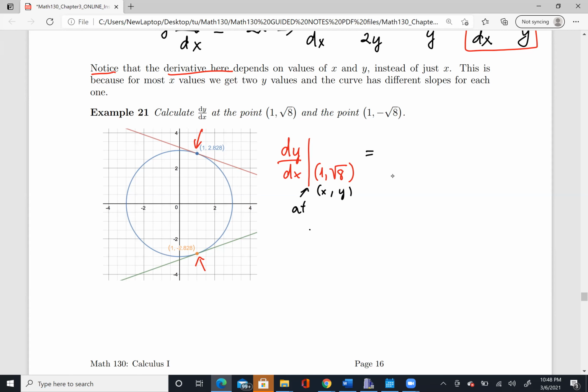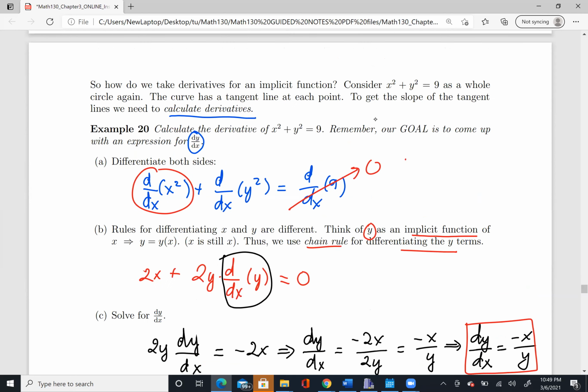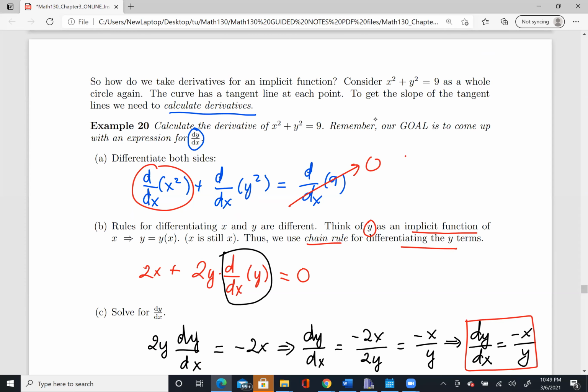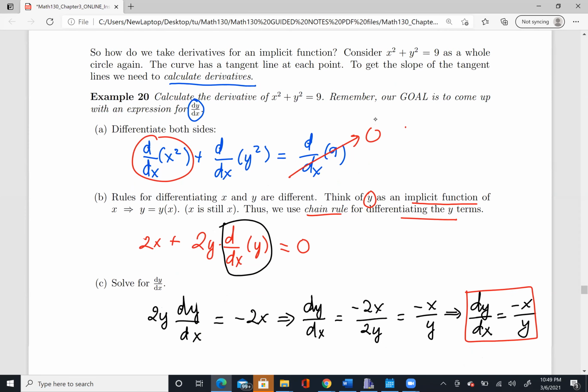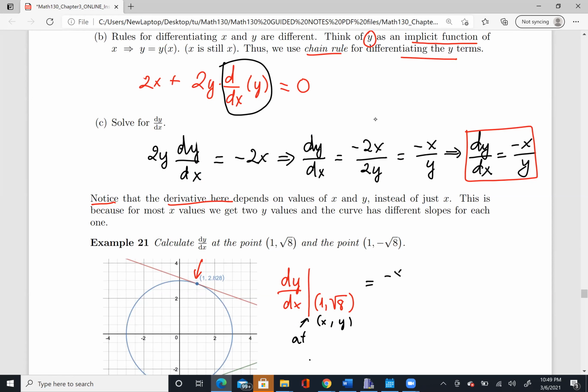According to the above example, we considered x squared plus y squared equal to 9, so we have dy dx equal to negative x over y, which you can substitute as negative 1 over square root of 8.